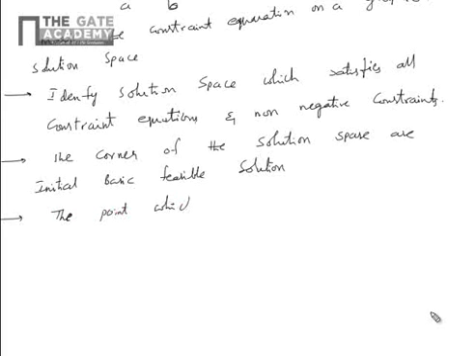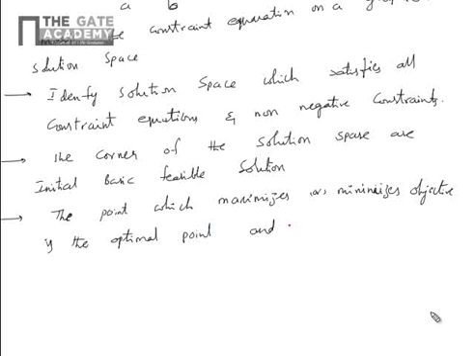The point which maximizes or minimizes the objective function is the optimal point, and it is the best available solution for the linear programming problem. So this is the simple graphical method.